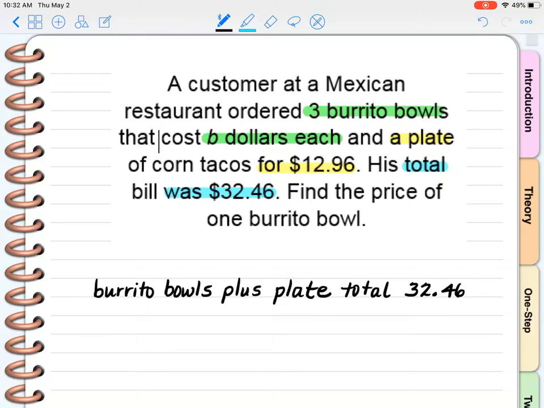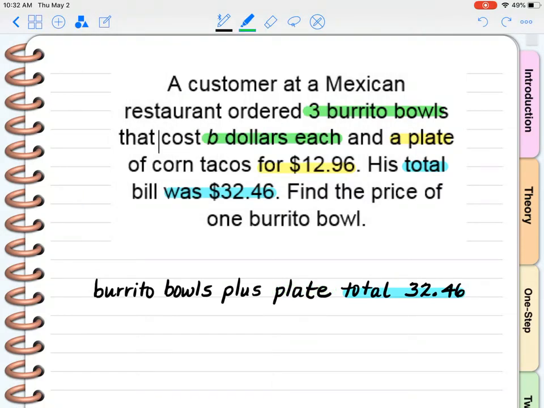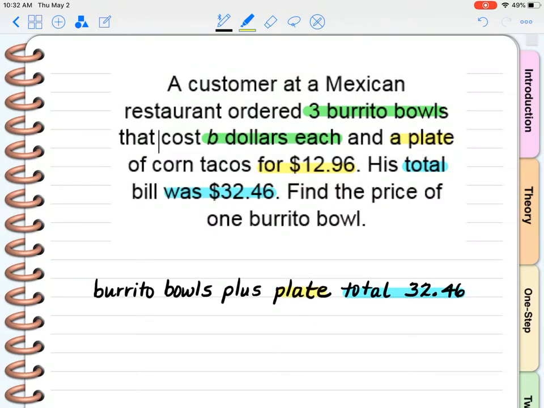So this is, in essence, what the problem is saying. There's the total. Here's the plate part. And here is the, got my colors mixed up. The plate is yellow, the taco plate. And then we're talking about the burrito bowls, that's the green part.